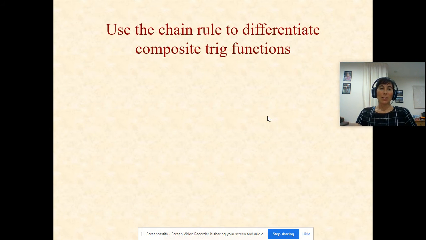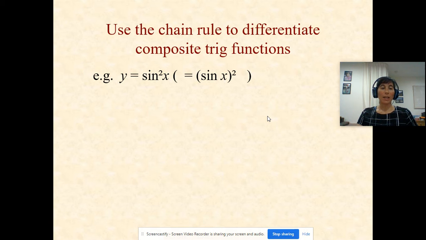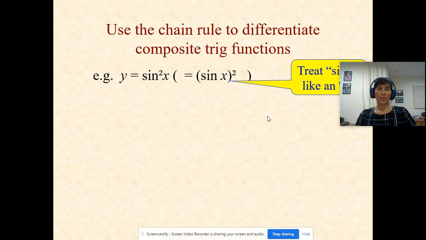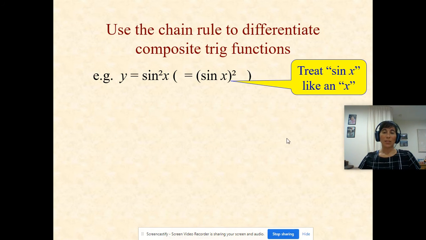So, to use the chain rule to differentiate composite trig functions, if we look at this example here, if we had y equals sine squared of x, that is equivalent to sine x all squared. So I've just got here, we treat sine x like it's an x. That's because we're looking at it like a composite function, or like I've been saying, cover it up with your finger.